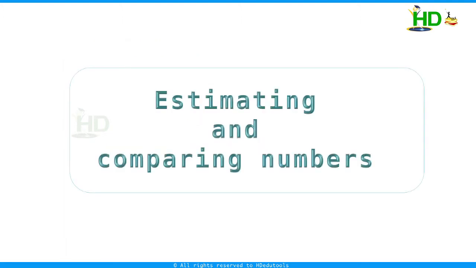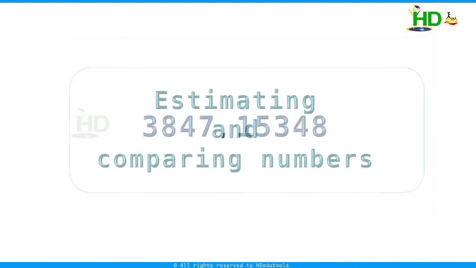Estimating and comparing numbers. Take an example. Identify the greatest and smallest numbers from these two numbers. Now we can identify them easily by simply counting the digits in the numbers. Now if we see these two numbers, the first number has 4 digits and the second number has 5 digits. That is, the number having 5 digits is greater than the number having 4 digits.